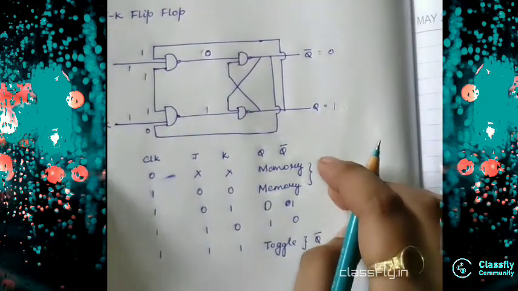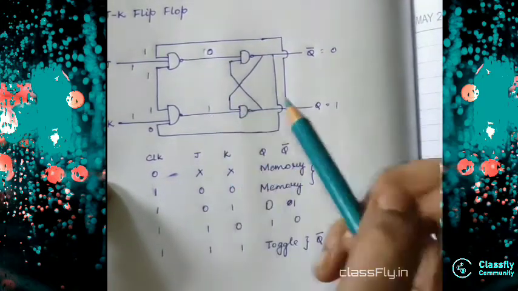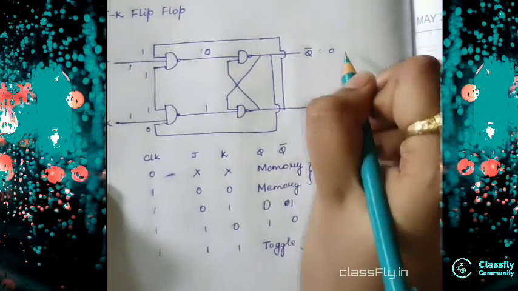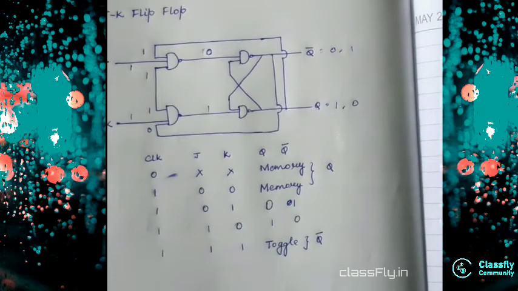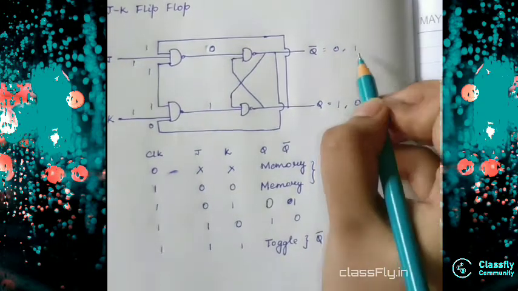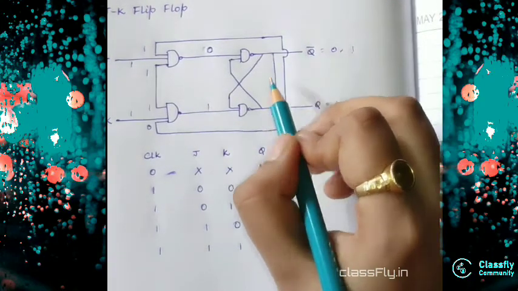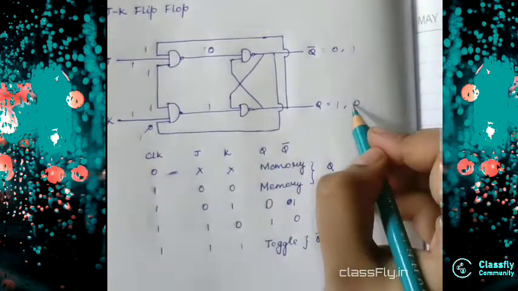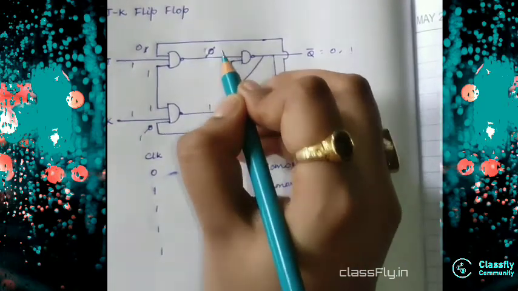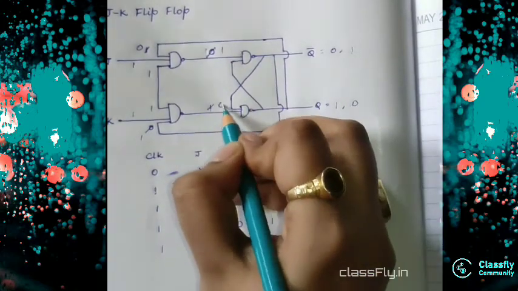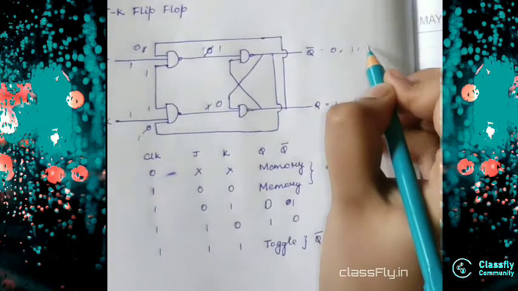And I know that whenever my latch input is 0, 1, I will get 1, 0, right? Now, if I take this value of Q bar as 1 here and this 0 here, that means I will get 1 here and 0 here, and so with 1, 0 my latch will be 0, 1.